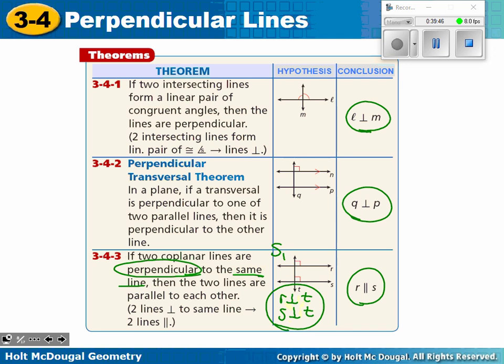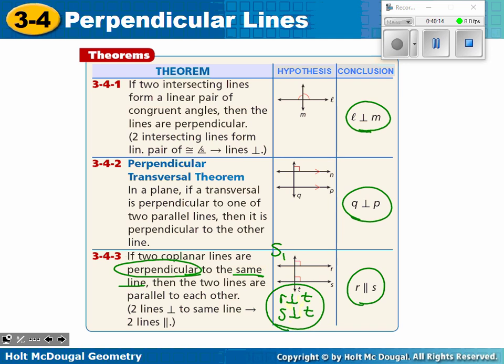So we'll just say if 2 lines are perpendicular, use your symbol to save time, to the same line, then they are parallel.